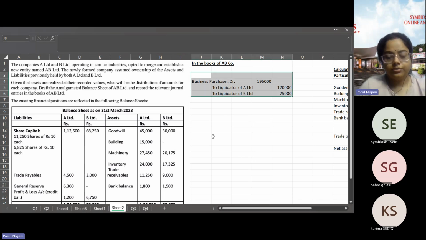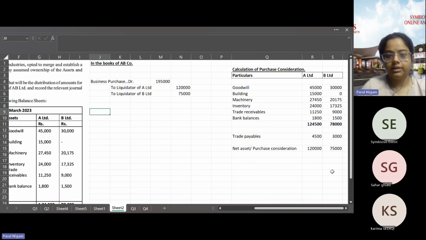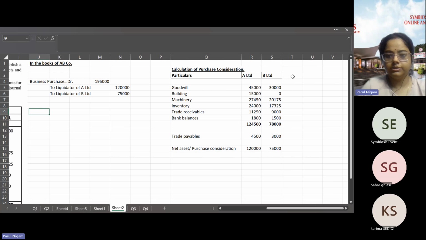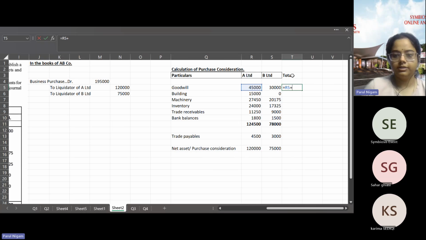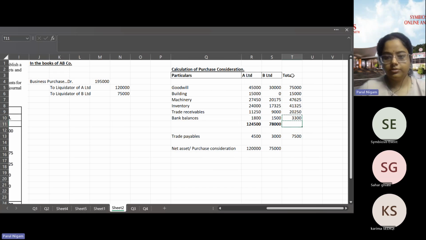Then you're going to record all the assets which you have taken, one by one, like goodwill, building, machinery. In one entry only, we can make this entry. We can have a total over here, otherwise you have to make two separate entries. So you're going to record these entries and the trade payables.